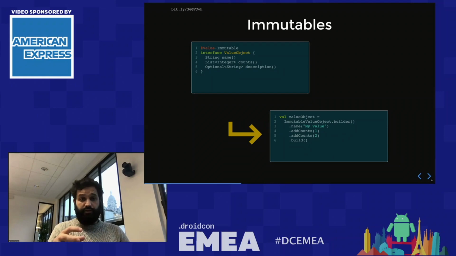So you can see here that data classes are not the only way to solve this problem of value types. You have a few different patterns. You can use builders, you can use factory methods, you can use many different types of things. And this is an alternative. So these code generators which create value types are not necessarily completely obsolete now that data classes are here, because there are still different ways of doing things.